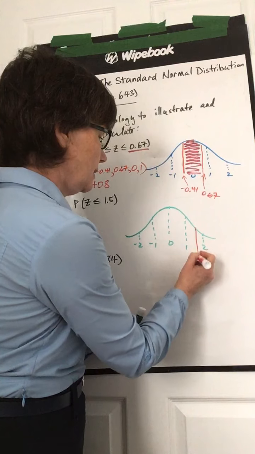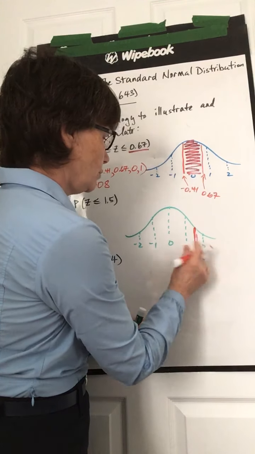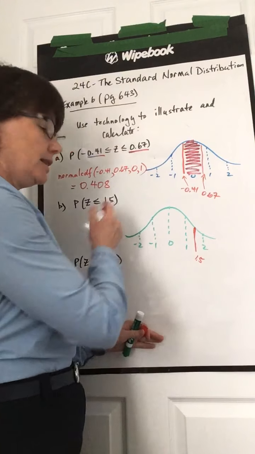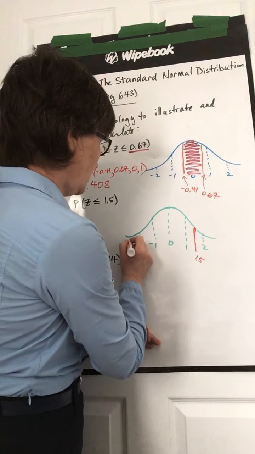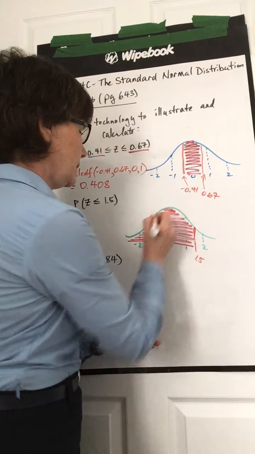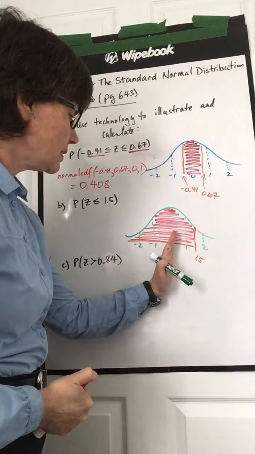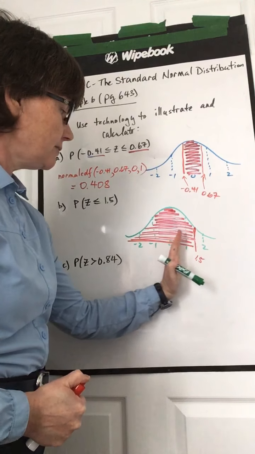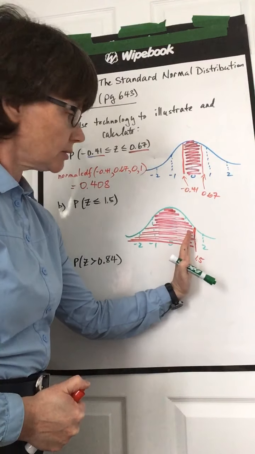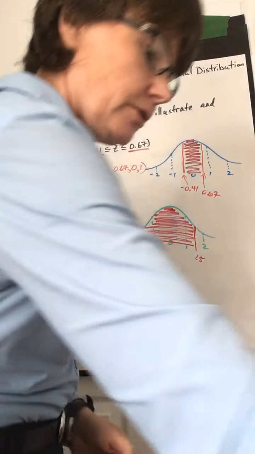So 1.5 is halfway in between here. And anything less than or equal to that. So we're actually looking for this entire area. So it's going to be a big number. It's going to be bigger than 50%, and bigger than 50 plus 34 more percent. So it's going to be bigger than 84% or 0.84. So being critical of that.